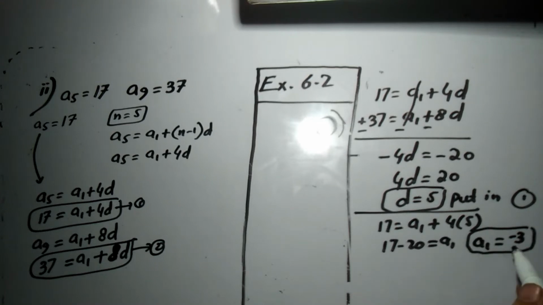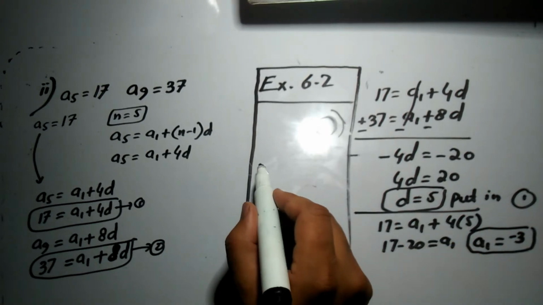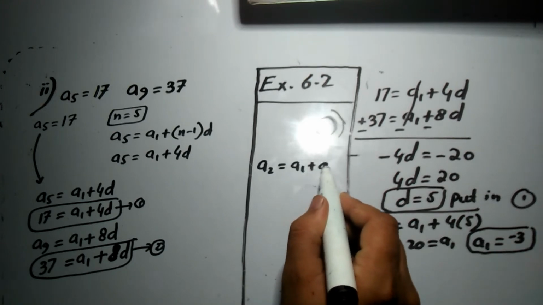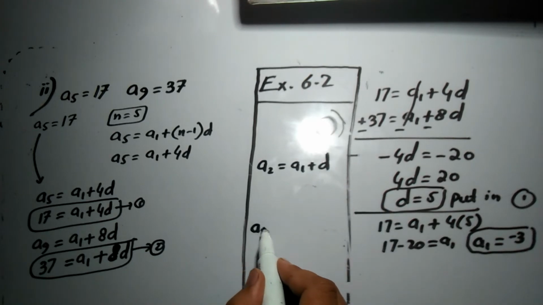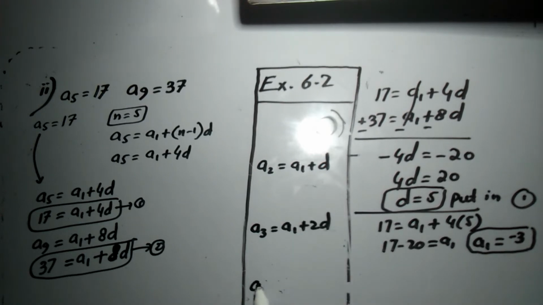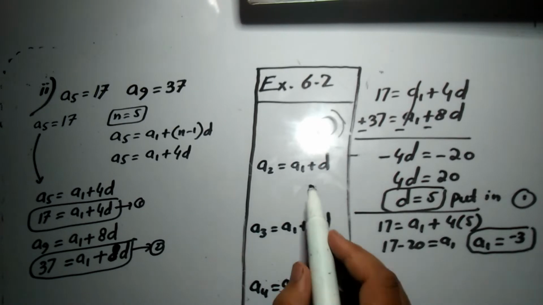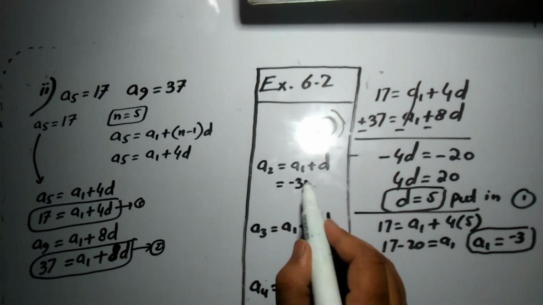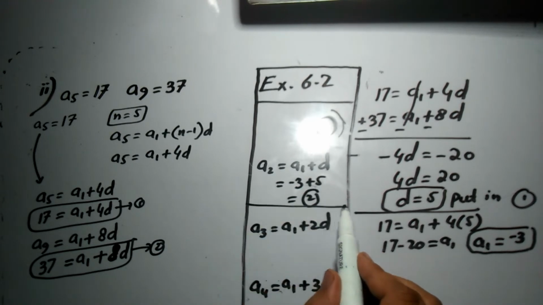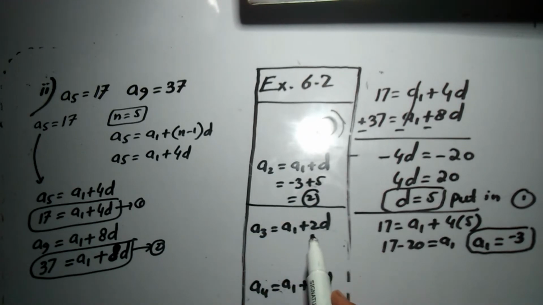So after finding the values of a1 and d, our second term a2 will be equal to a1 plus d, a3 will be equal to a1 plus 2d, a4 will be equal to a1 plus 3d. So a1 is equal to minus 3 plus 5, which is equal to 2. So our second term will be equal to 2.